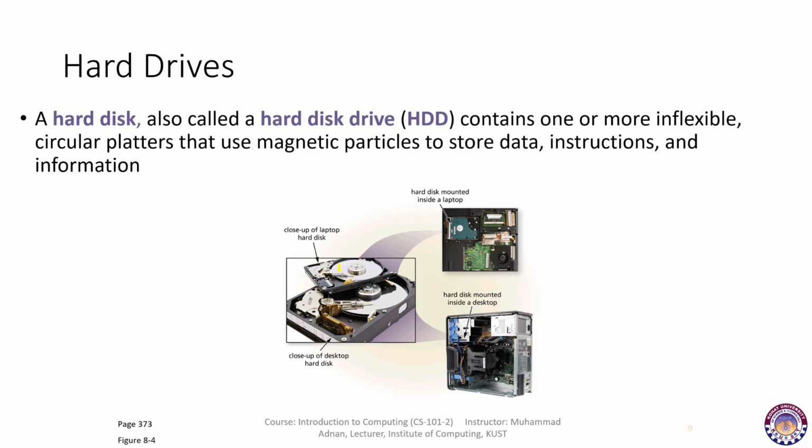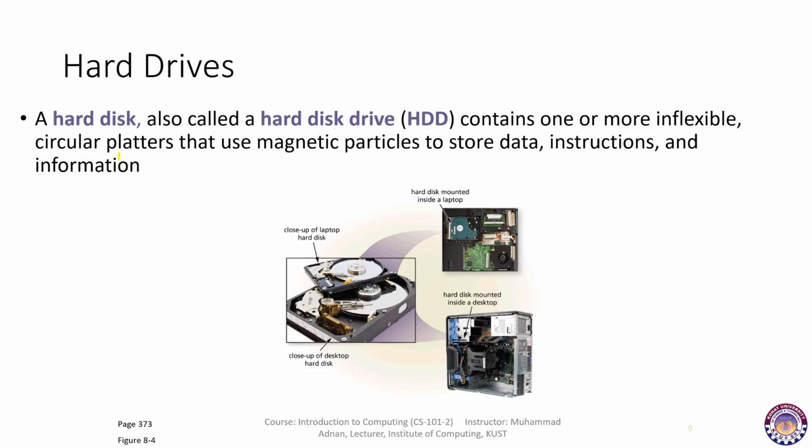They are almost similar, but laptop hard disks are normally smaller in size. So we have these circular platters that use magnetic particles. We have magnetic particles on top of these platters to store data, instructions, and information.